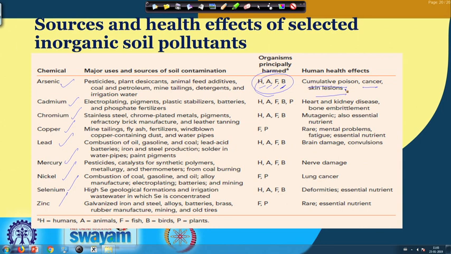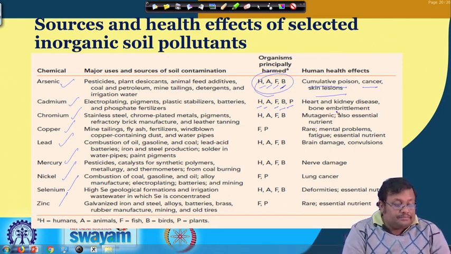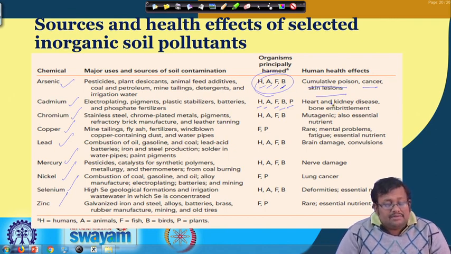Cadmium is also an important pollutant of soil, and this cadmium comes from electroplating, pigments, plastic stabilizers, batteries and phosphate fertilizers. You can see it contaminates humans, animals, fish, birds and plants, and it can cause heart and kidney disease and bone embrittlement. In the case of chromium, it basically comes from stainless steel, chrome plated metals, pigments, refractory brake manufacture and leather tanning.